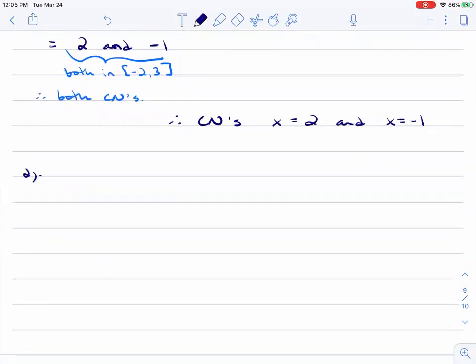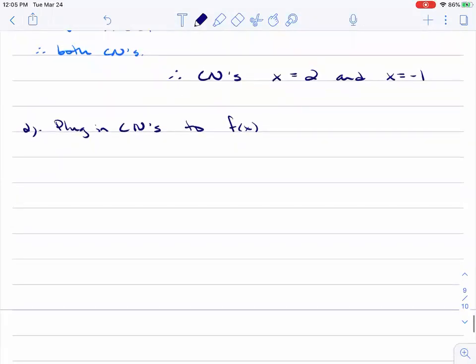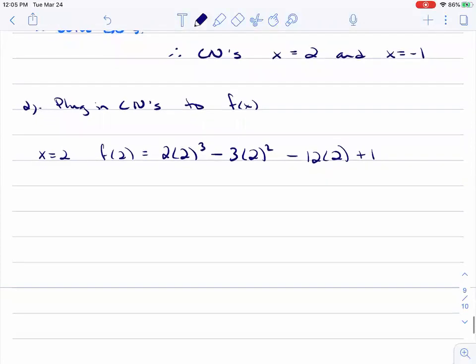So if we plug in critical numbers to f of x, at x equals 2, for example, we've got f of 2, which is 2 times 2 to the 3 minus 3 times 2 squared minus 12 times 2 plus 1, which puts me at negative 19. And I get 16 minus 12 minus 24 plus 1.